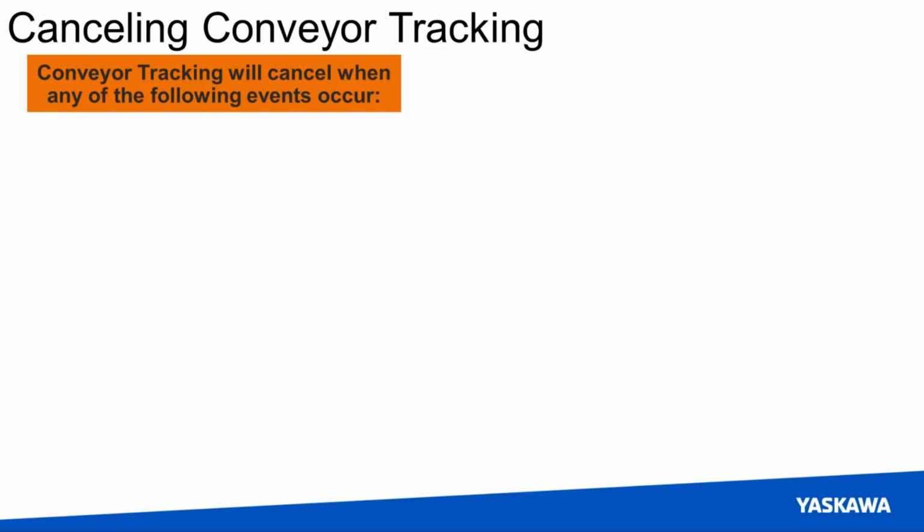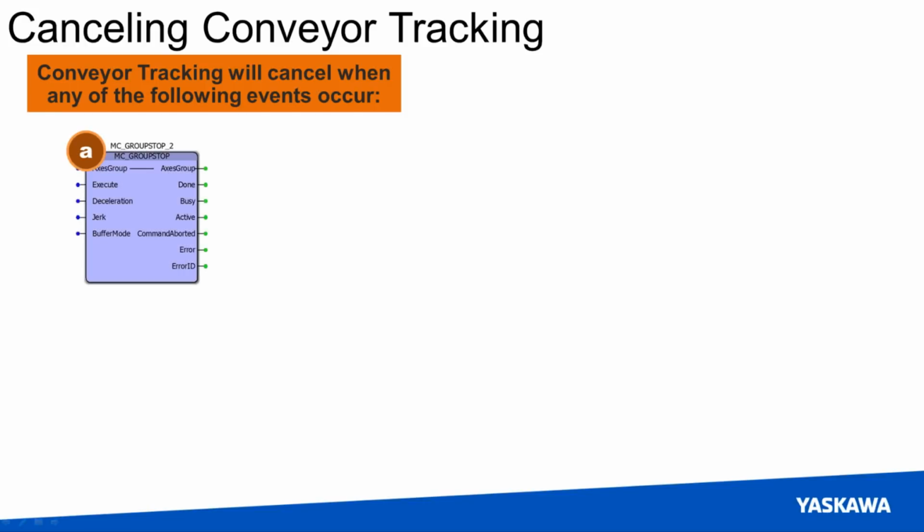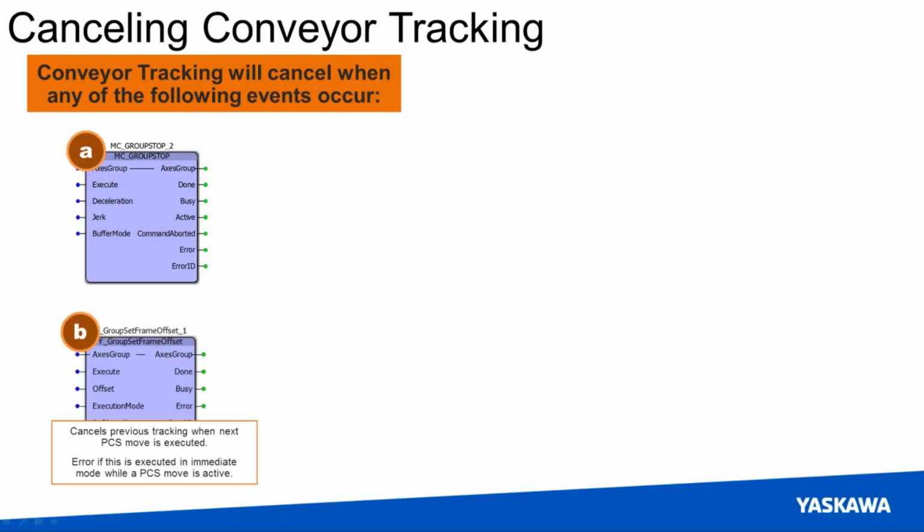There are 4 different ways that can happen. First is I can just do an MC group stop that'll bring the group that's doing the tracking to a complete and total stop, and it will break the relationship of conveyor tracking. Next, I can use this function block Y group set frame offset. Now what this function block does is it defines different coordinate systems and the offsets from the base coordinate system, the MCS of the group.